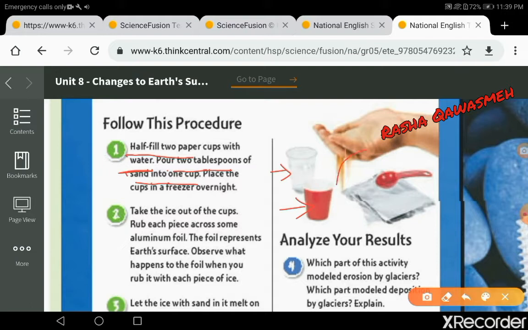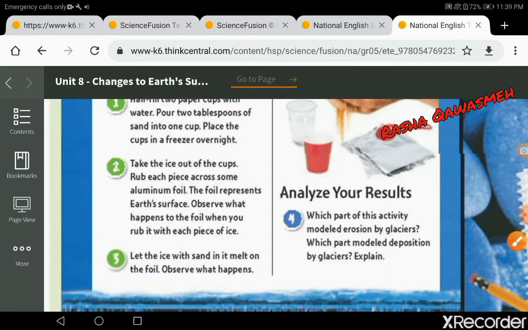Let's say you will put this sand in cup number 1, while cup number 2 has only water. Cup number 1 has water plus sand. Okay, step 2, take the ice out of the cups. You place it overnight in the freezer, then you take it out the other day.